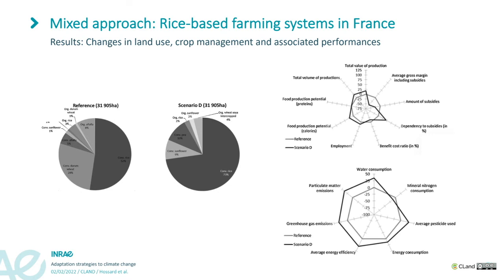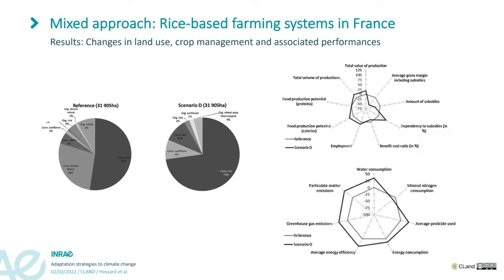And what were the performances? Here it's only examples. You have in gray the reference, and in black scenario D, with the top indicators on mainly production and labor, and below on the environment. And the only thing I wanted to say here is, like I said before, it's not straightforward.